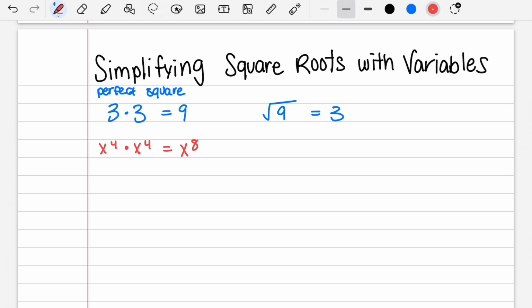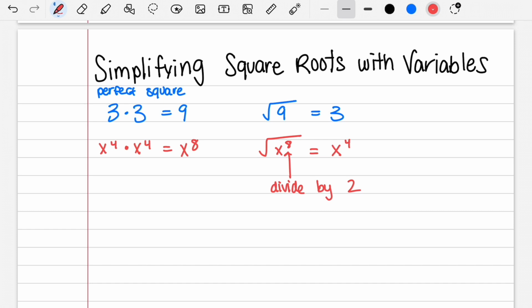Which means when we look at the square root of x to the power of 8, we're looking for two variables that when we multiply them together, their exponents add to 8. And because they have to be the same, all we really do is divide by 2. So we are looking for exponents that are multiples of 2. And if they're multiples of 2, you divide it.